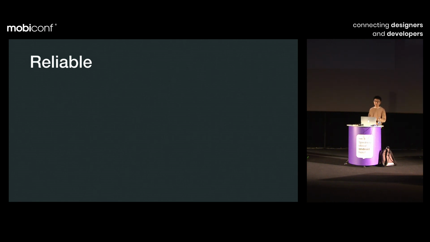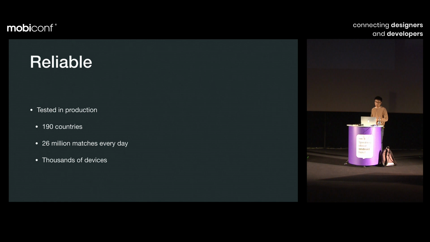So besides being declarative and modular, Scarlet is also reliable. As a library sponsored by Tinder, Scarlet is tested at scale in the Tinder app. We use Scarlet to deliver matches and messages to thousands of devices around the world.